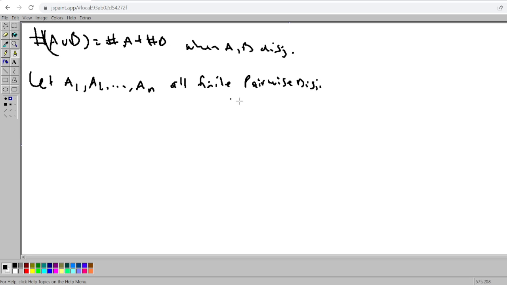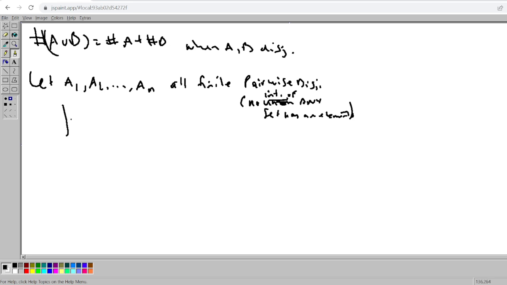Disjoint basically means no intersection of any two sets has an element. No elements are shared between any A1 to An.